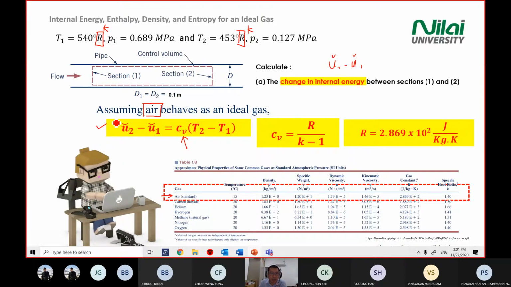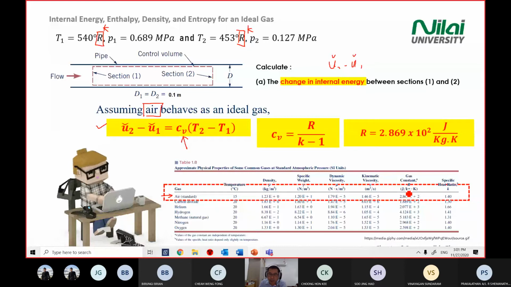Because we assume our air behaves as an ideal gas, we go straight to Table 1.8 to look at the standard value for that particular medium. The CV value is already fixed. CV is given by R divided by K minus 1. R you can extract from this table: R is 2.869 E plus 2, meaning 10 to the power 2.